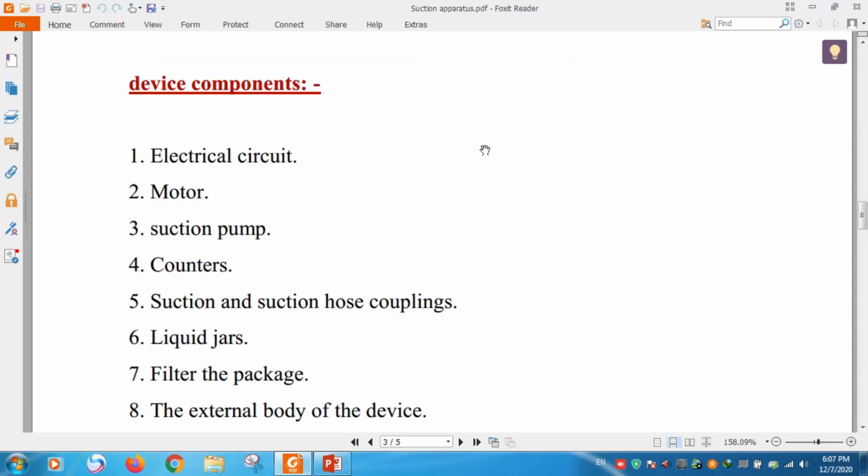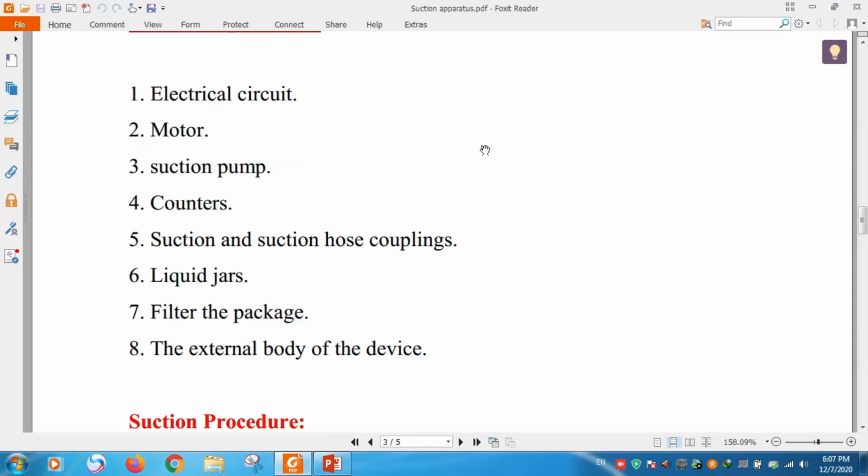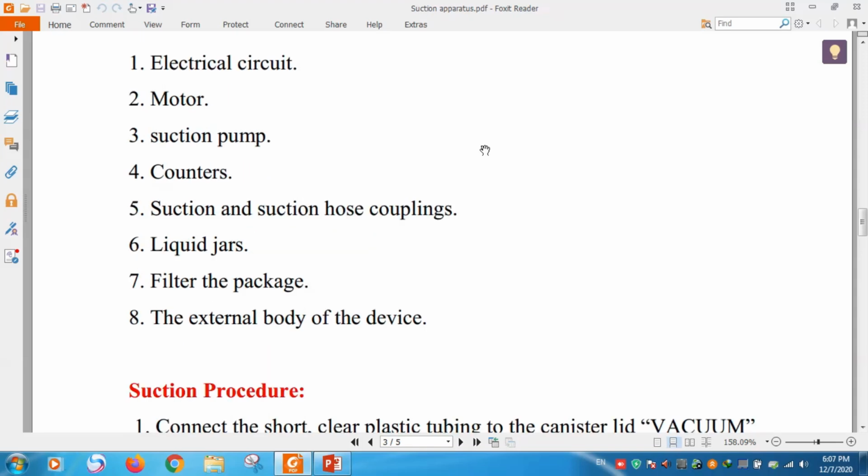Okay, device components: electrical circuit, motor, suction pump, counters, suction hose, liquid jars, filter, the package, and the external body of the device.